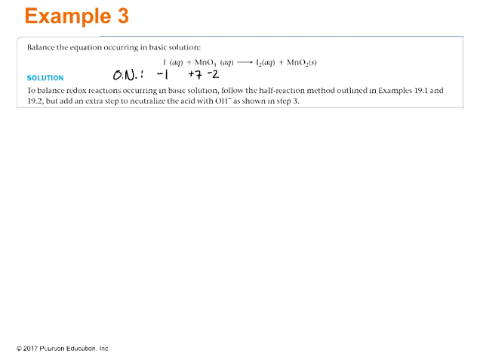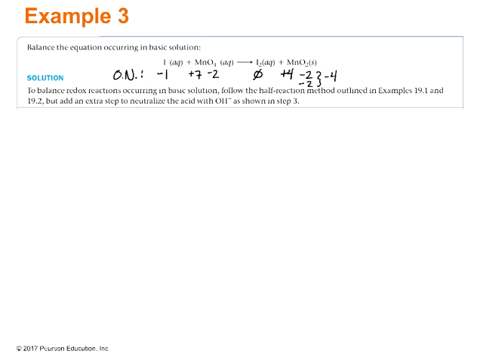Now in the products, iodine is neutral, so that is going to have a value of 0. And then manganese dioxide, we have 2 oxygens, each with a -2 oxidation number. So that would be a total of -4. So what would the oxidation number be for manganese? +4.